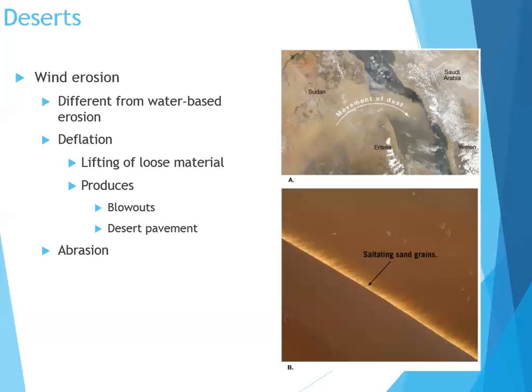The main process that we think about with wind erosion is deflation. This is when it is picking up the loose material and it's going to move the fine sediments a long distance but leave the larger ones, going through saltation, so bouncing across the bedrock, but most of them are going to be left there. Sometimes it produces blowouts, where you find a shallow depression, so it's going to create small dips in the surface of the ground.